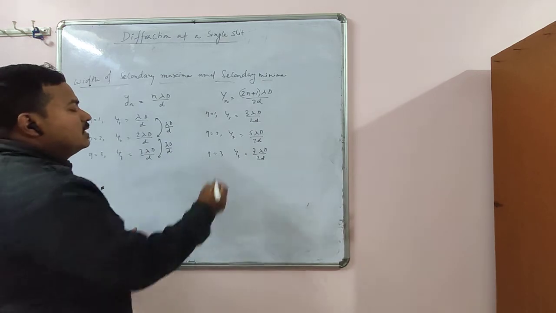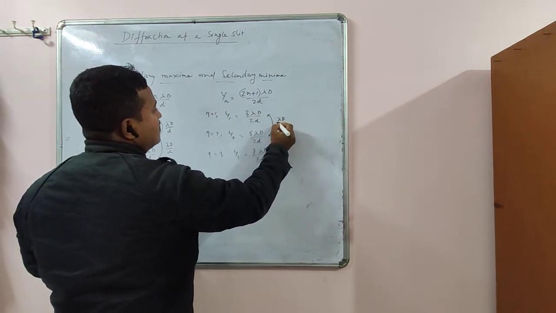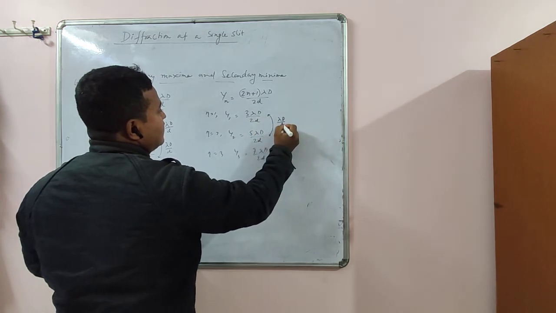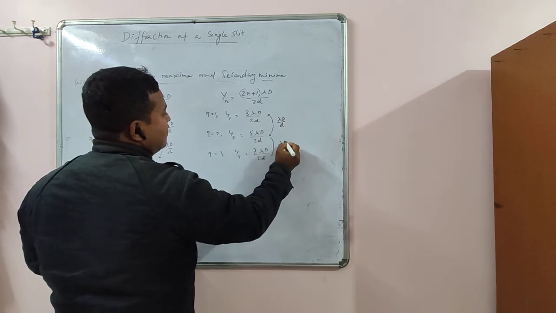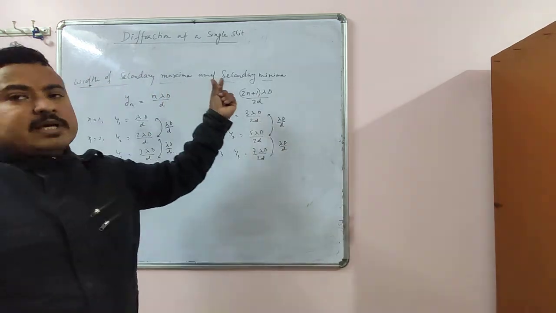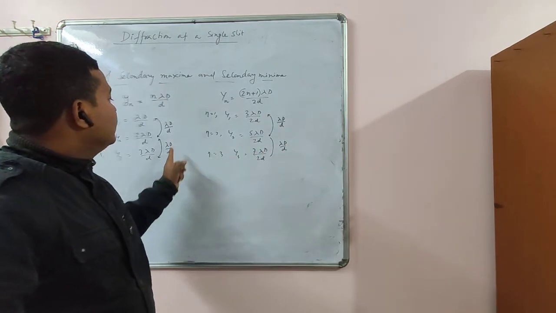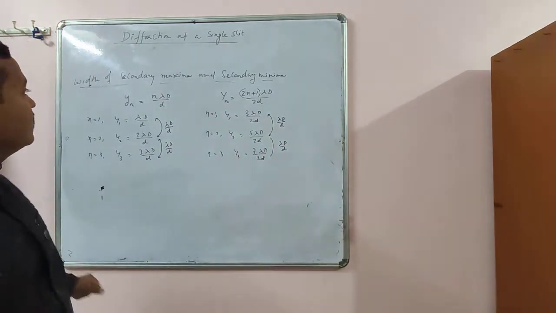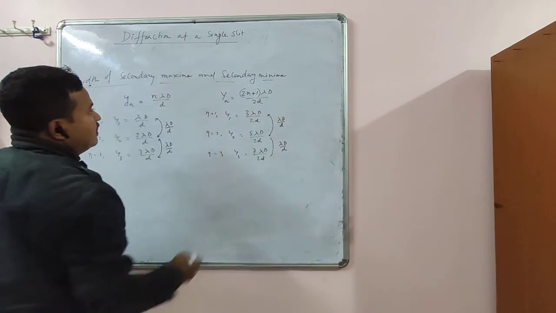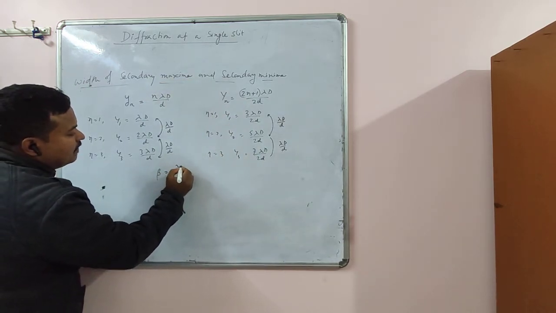Similarly, the separation between any two consecutive bright fringes, if you take the difference, is also lambda D by d. So you can say that all the secondary maxima and all the secondary minima are of equal width, and that is called fringe width, or simply the width of secondary maxima or minima. It is represented by beta, so it will be lambda D by d.